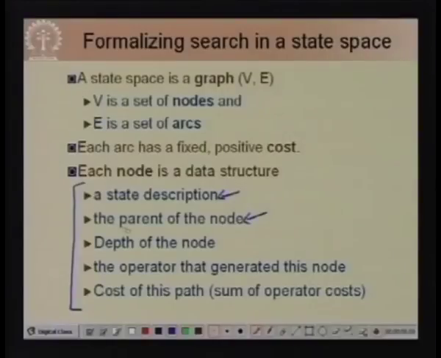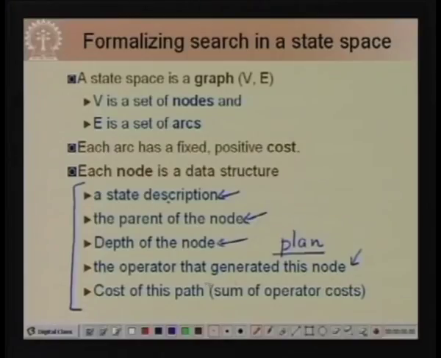So, to find the solution, we need to keep track of the parent of each node. For some algorithms, we may need to keep track of the depth of the node. We also need to keep track of the generator, the operator that generated this node.